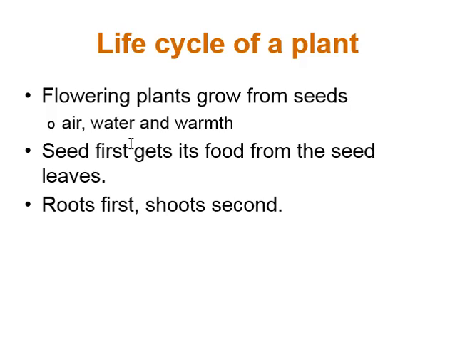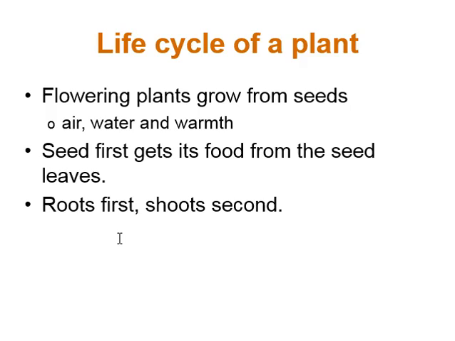Now, once the seed leaves supply food to the growing seedling, all right, the roots would first appear, and the roots would grow downwards. All right, so remember, roots first and shoots second. After the roots have grown downwards to absorb even more water, the shoots would start to appear.